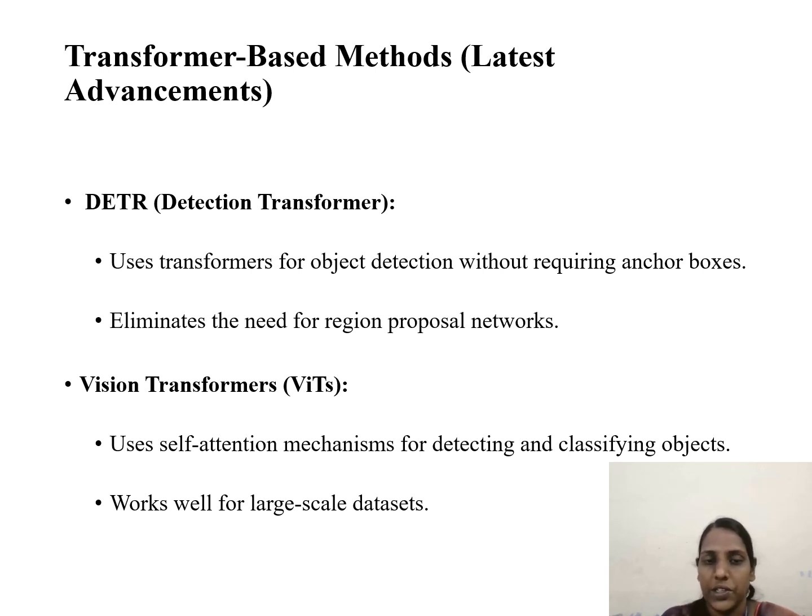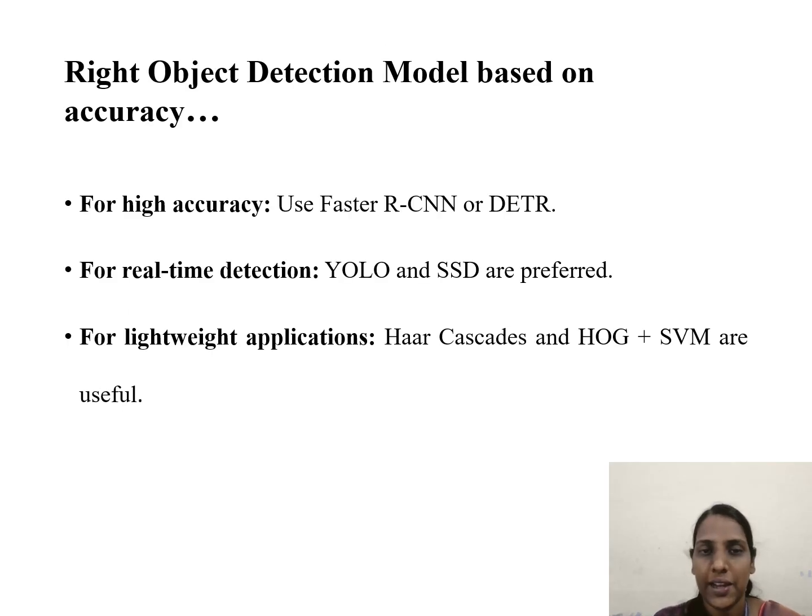The next one is the vision transformer. It uses a self-attention mechanism for detecting and classifying objects. It is useful for classification on large-scale datasets. We saw three methods in deep learning: region-based, single shot detection, and transformer-based.